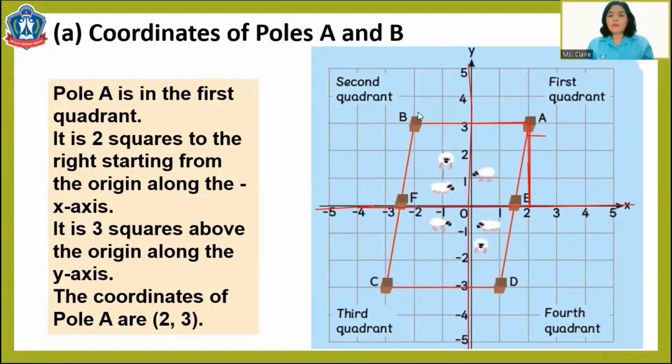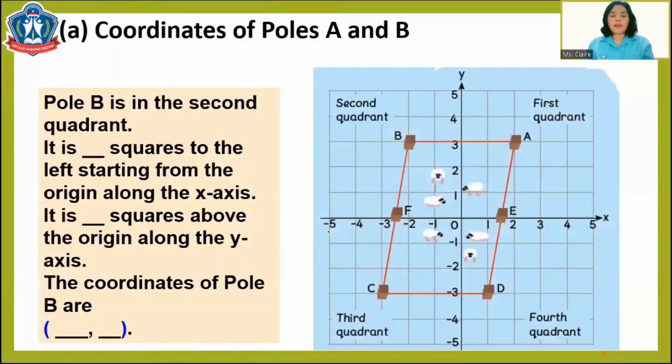How about point B? What are the coordinates? Pole B is 2 squares to the left and 3 squares upward. So the coordinates of pole B are -2, 3, and it is located in the second quadrant.